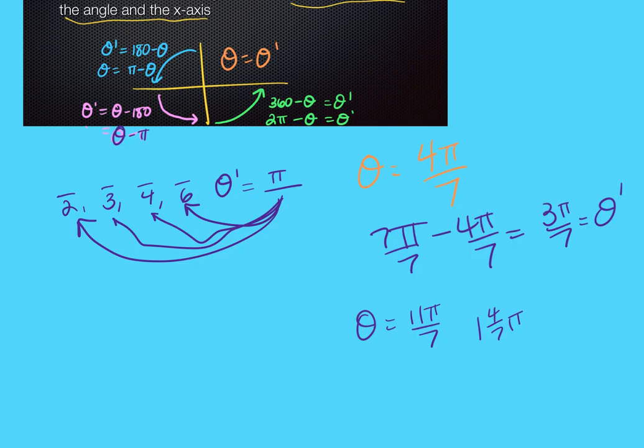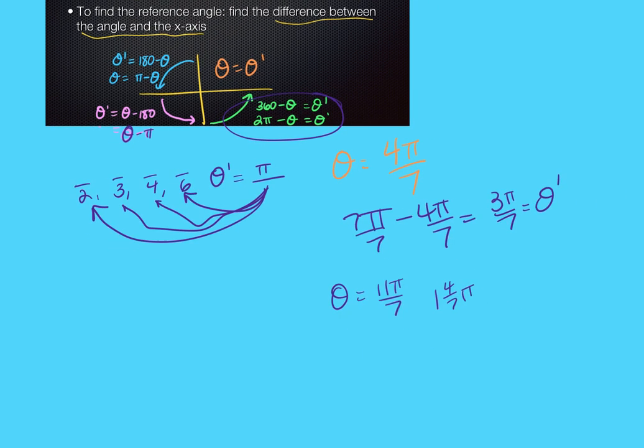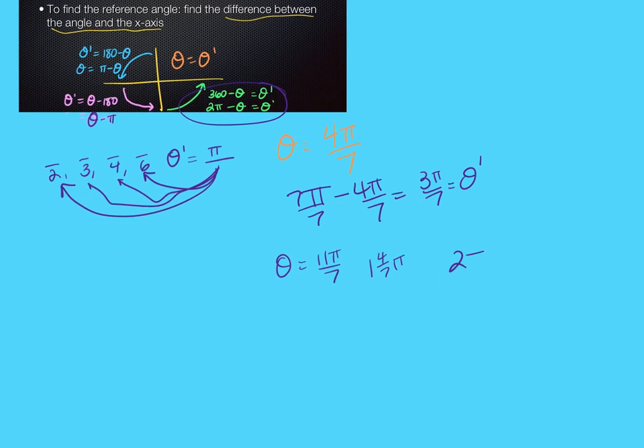So is 1 and 4/7 in between 1 and 1.5, or in between 1.5 and 2? It's in between 1.5 and 2, so it's in the fourth quadrant. In the fourth quadrant, I do 2 pi minus 11 pi over 7. So that becomes 14 pi over 7 minus 11 pi over 7, which is 3 pi over 7.